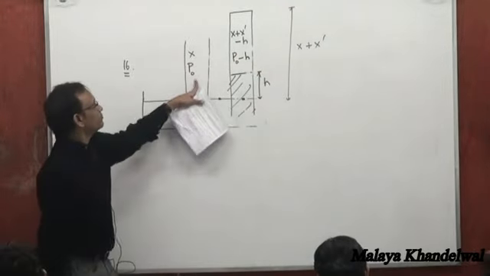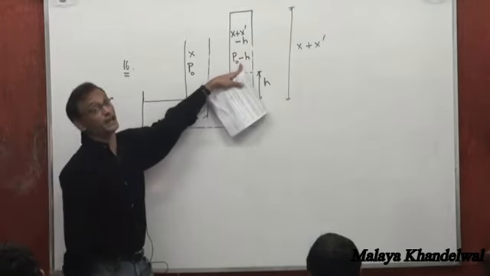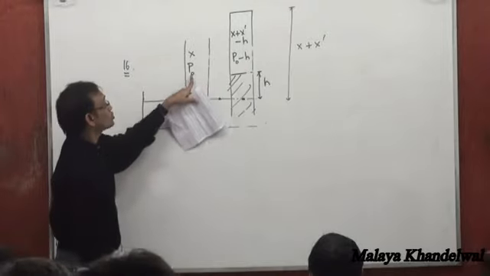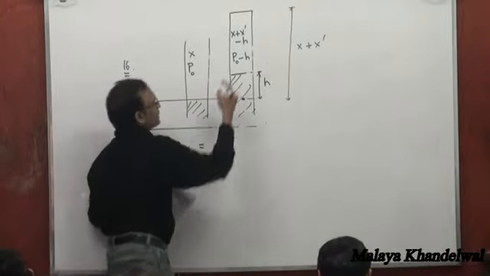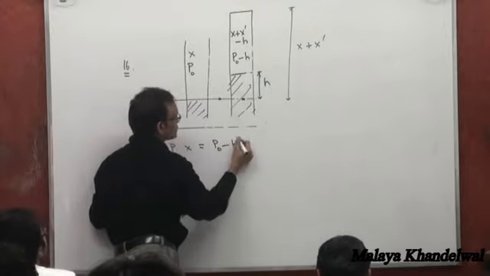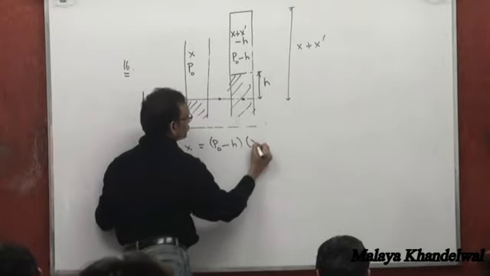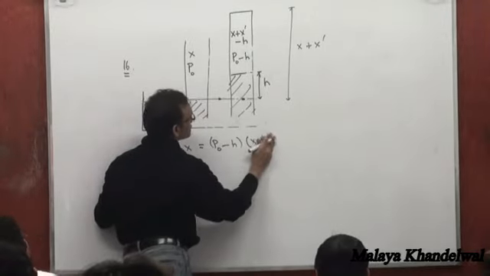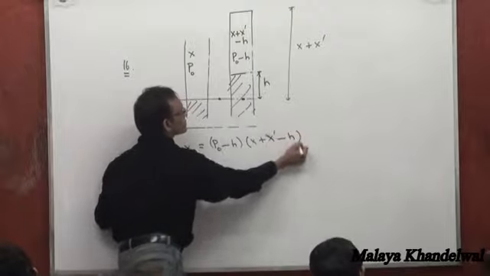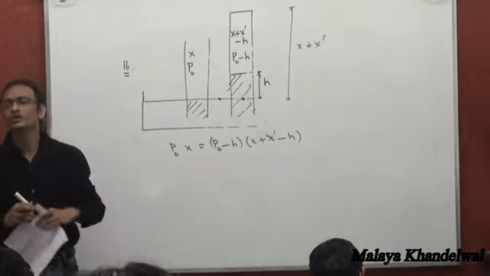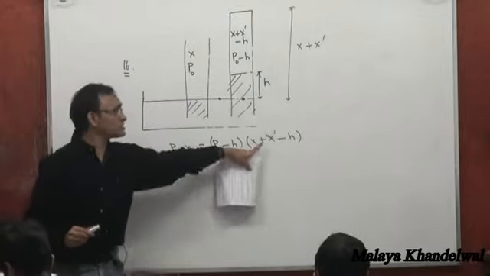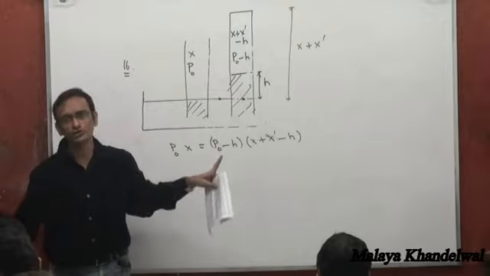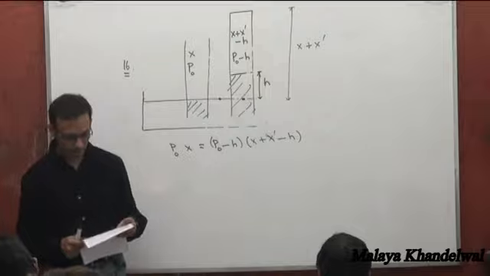Then between these two states of air, I can again apply Boyle's law. So initial PV is P naught into x equals final PV, which is P naught minus h into the final length x plus x prime minus h. You get a quadratic in h, isn't it? And you can solve for h using Sridharacharya, right?